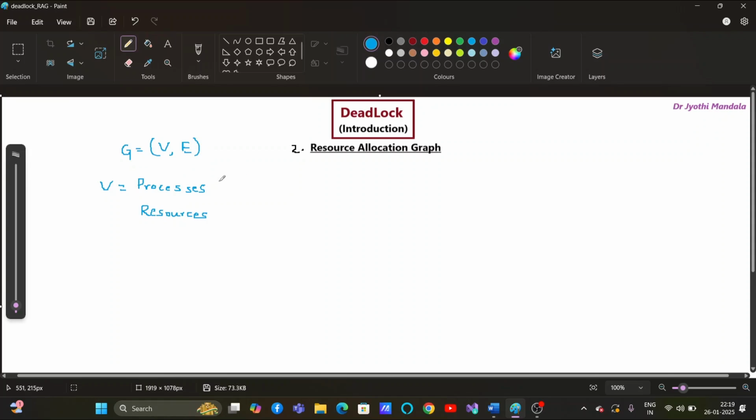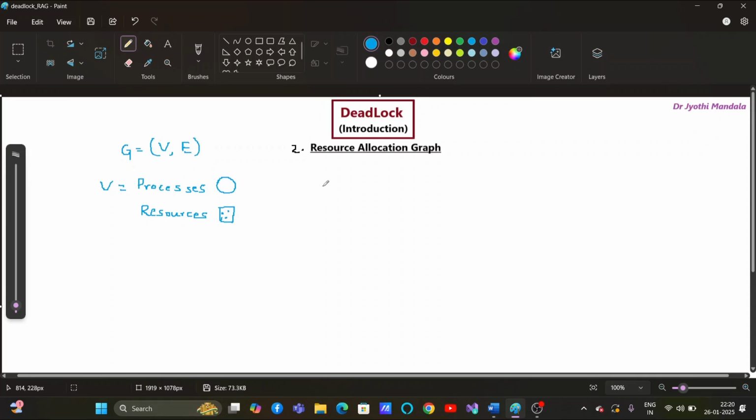Processes will be represented with a circle and resources will be represented with a square. Now, in the square, we will have some dots represented. One dot represents one instance. So the number of dots you have, that many instances you have. Suppose you have one dot, you have one instance of your resource. One instance means one copy.